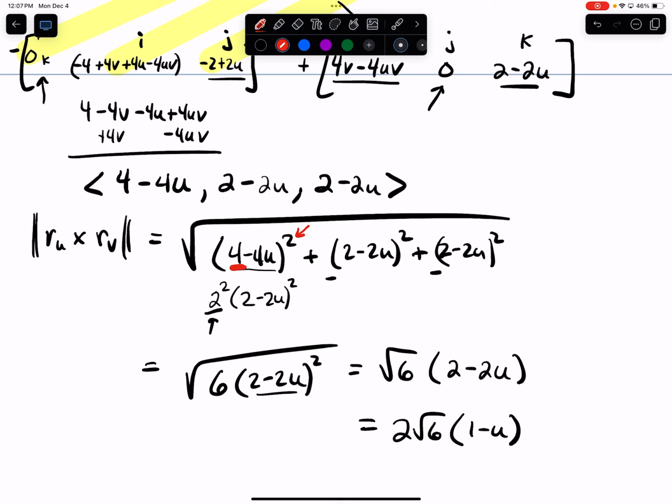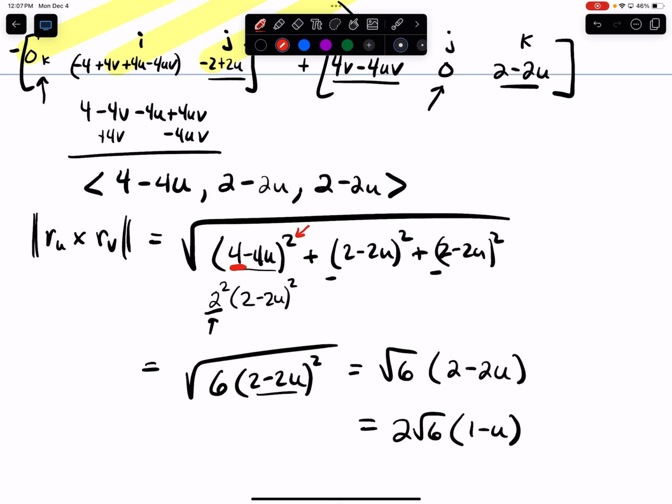It's kind of tricky. So then you got 4 of those, but then I have another one here and another one here. So 1, 2, and 4 makes 6 of those.